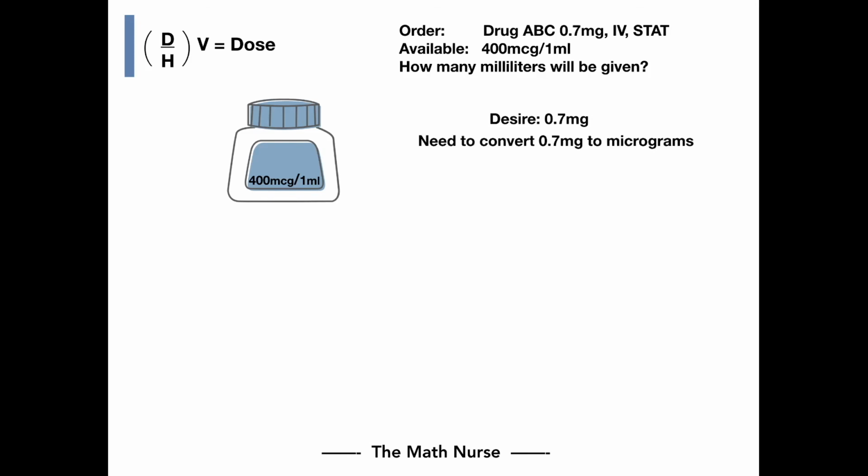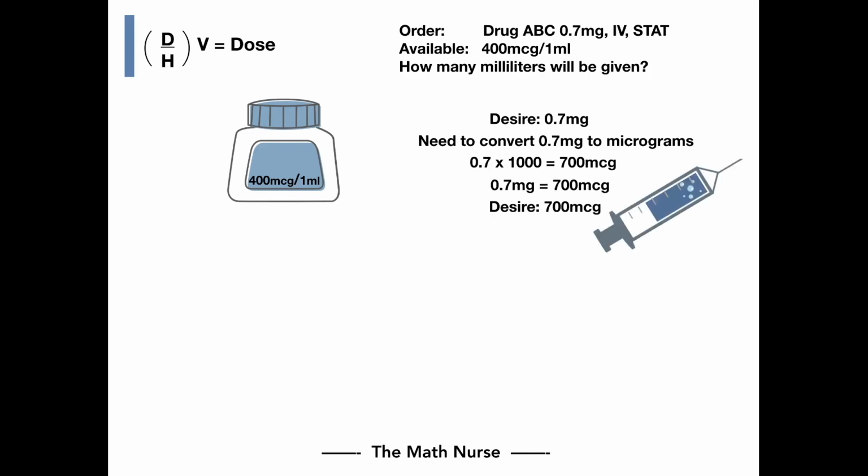I need to convert 0.7 milligrams to micrograms. So I just take 0.7 and I times by 1,000. That's going to give me 700 micrograms. So my new desire is 700 micrograms because 0.7 milligrams equals 700 micrograms.